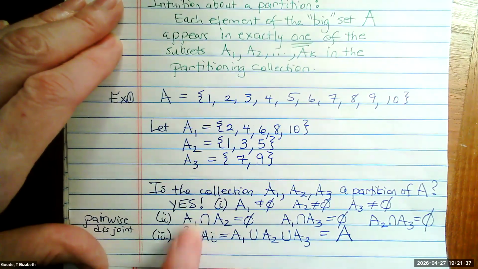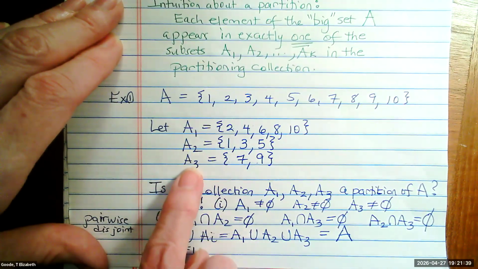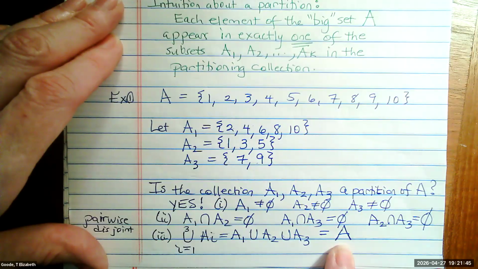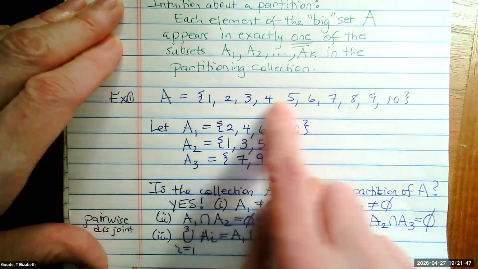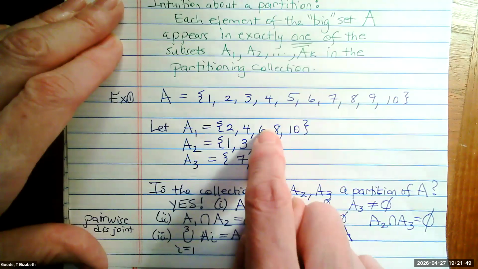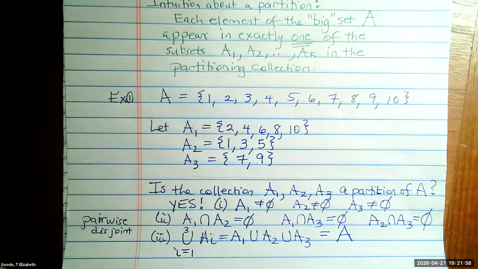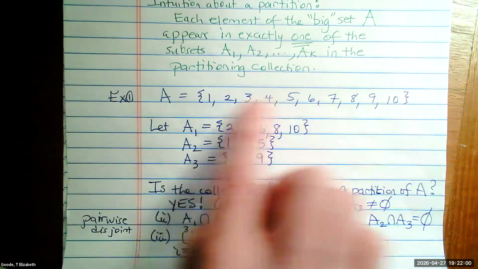And then when we look at the union of A1 union A2 union A3 and see that that union is all of A, then we're checking that every element of A actually does appear in one of these. See what I mean? That's the intuition behind partitions where the big set's just finite.